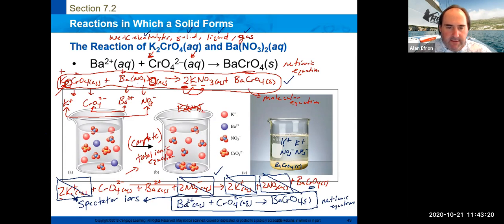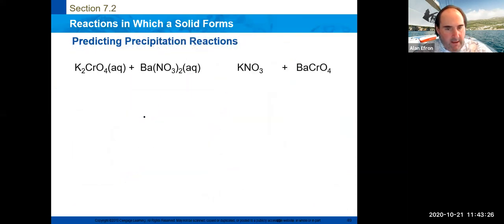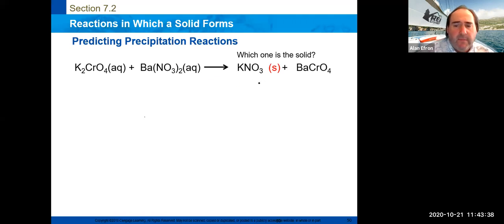Okay, so let's take a look at some of this here. Again, we could use our solubility rules to help us decide some of these things here. For predicting solids, we want to look at our solubility rules and help us decide which one would be a solid.